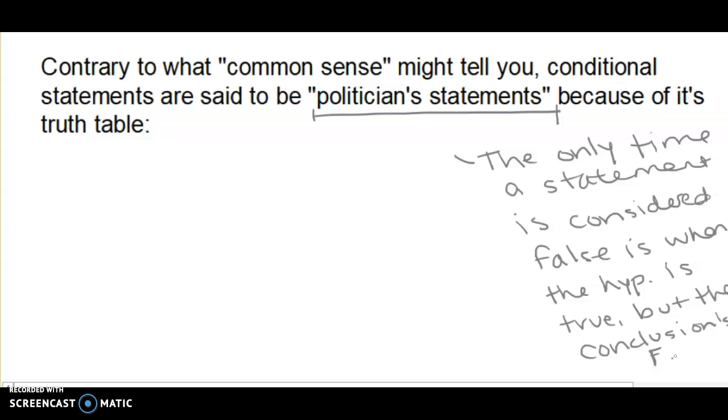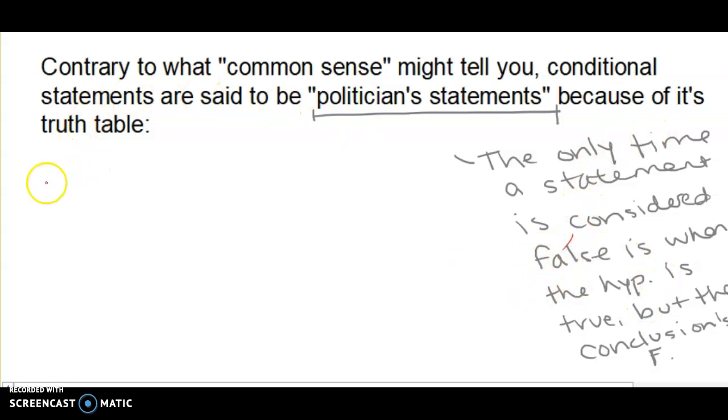That's the only time a statement is considered false. Every other time it's true. So even if the hypothesis is false, we're considering the statement true. That's why it's considered a politician statement, because they have a tendency to stretch the truth. Well, kind of the same thing.